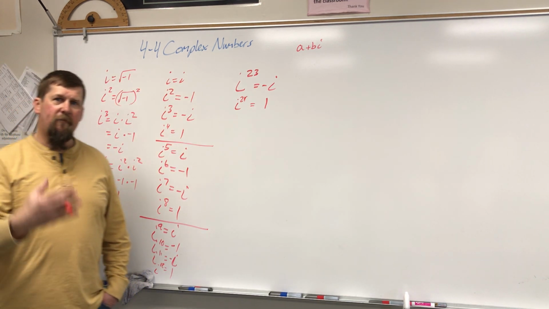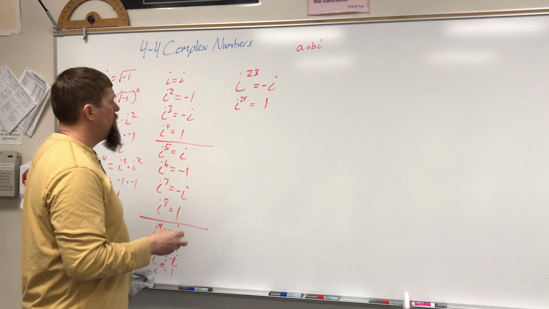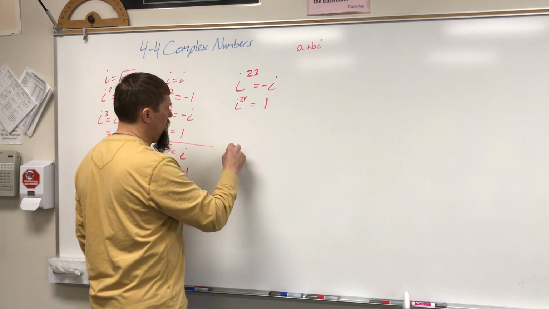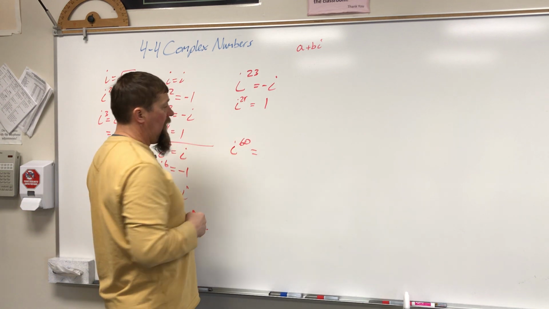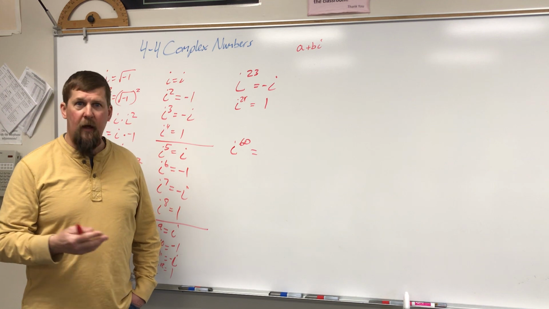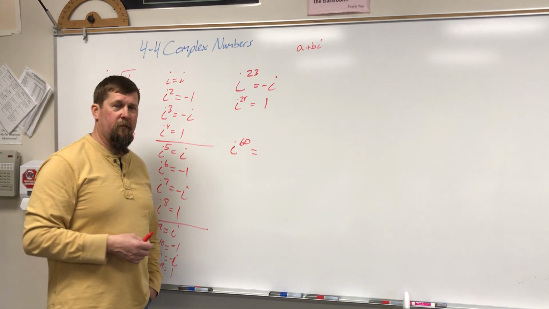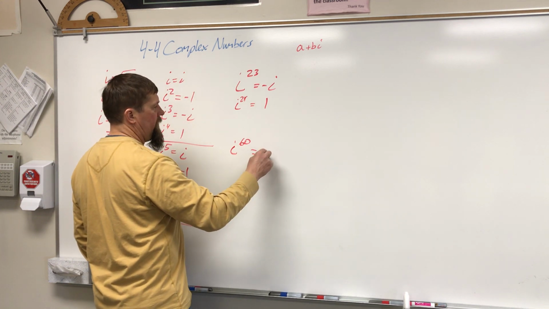So you're always referencing yourself to a multiple of 4 for the power. So let's say we have i to the 60th. Is that a multiple of 4? Yeah, it's 4 times 15. So therefore, this is just 1.